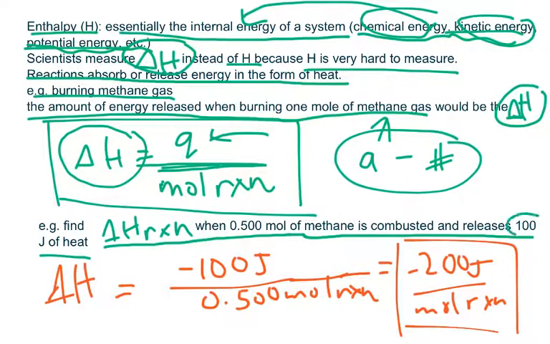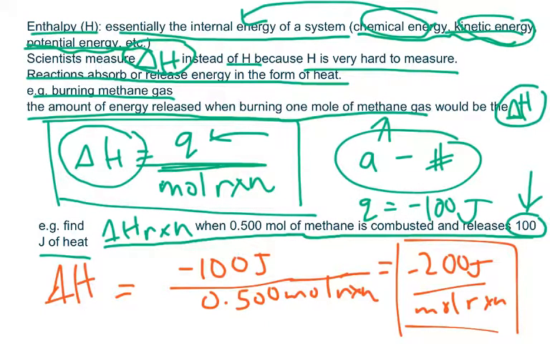And this is made up, so don't fact check me on this because I made up that number. So if 0.5 moles of methane combusts to release 100 joules of heat, that means that the heat must be negative 100 joules before the reaction. So the reaction releases 100 joules of heat, so the reaction lost 100 joules, so it's a negative number.